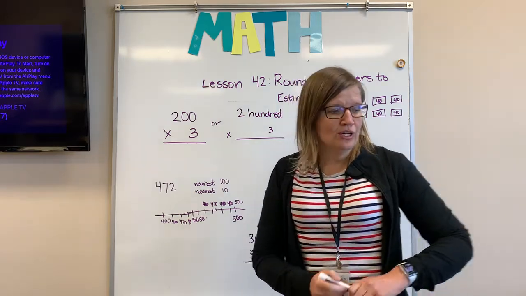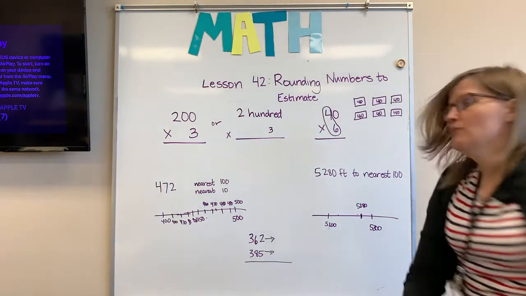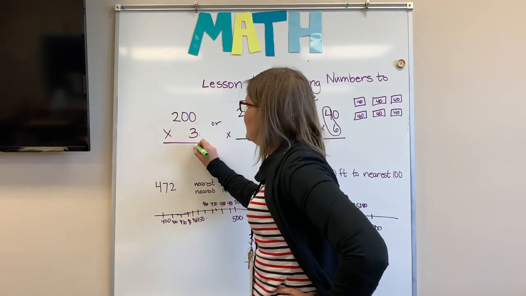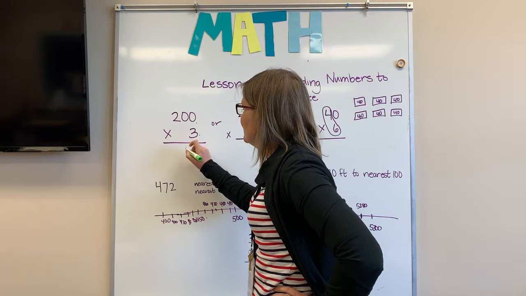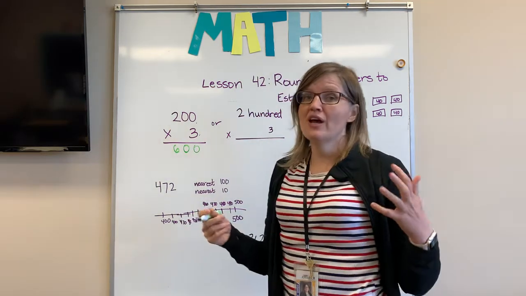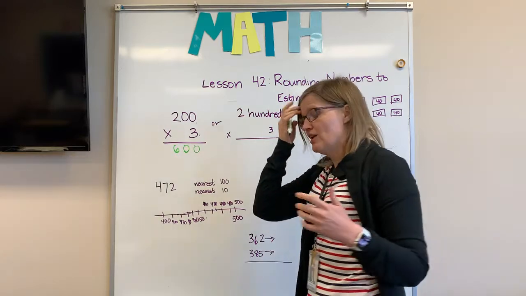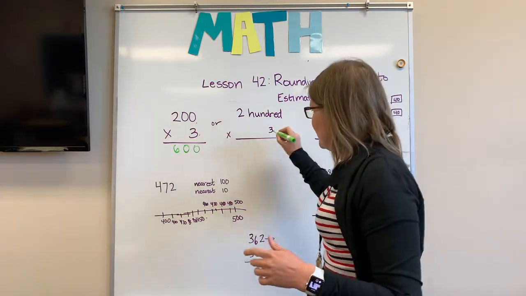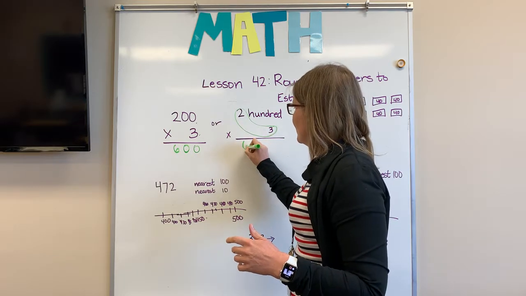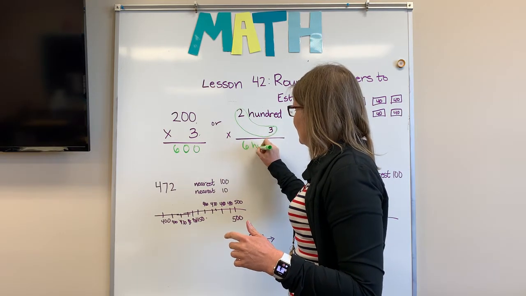You could say 3 times 0 is 0, 3 times 0 is 0, 3 times 2 is 6. And you could do that all very carefully, methodically. Or you could also think of it like this: 3 times 2 we know is 6, and we know that this is 600.